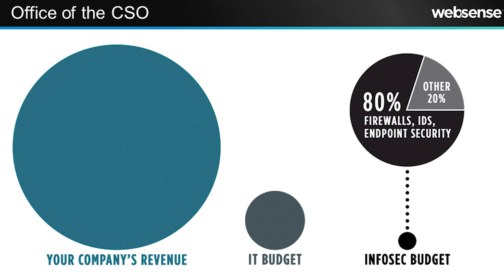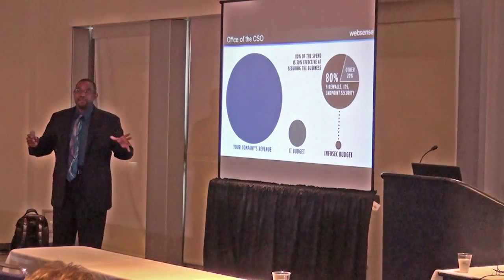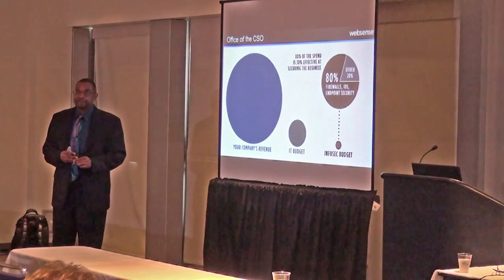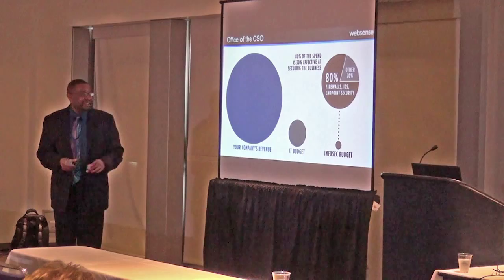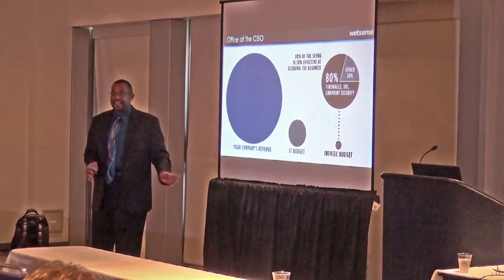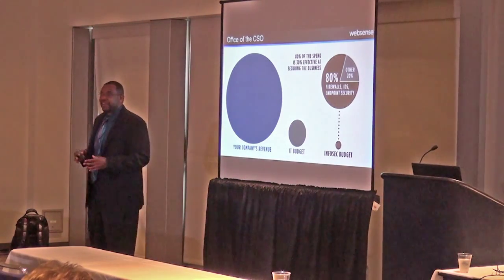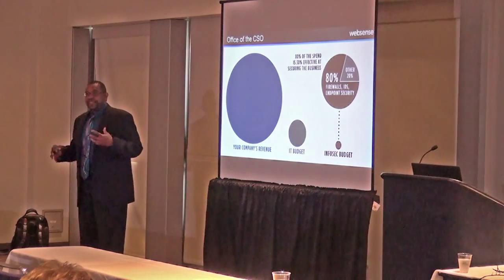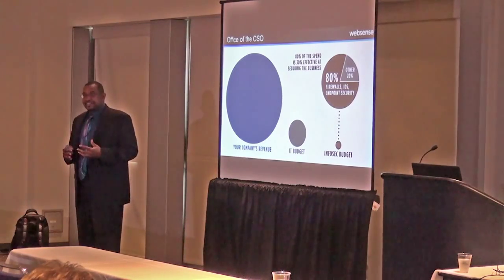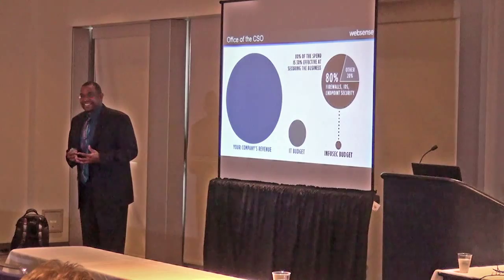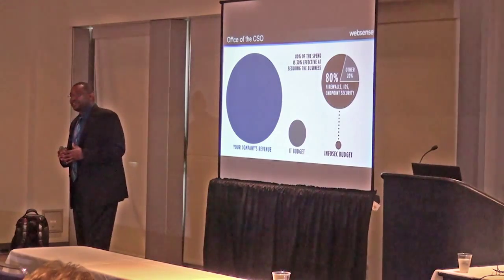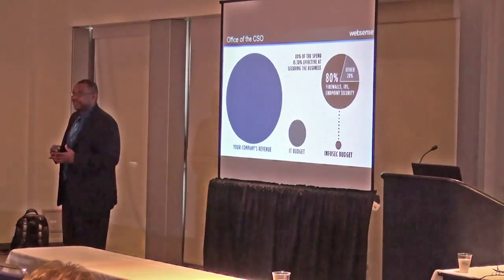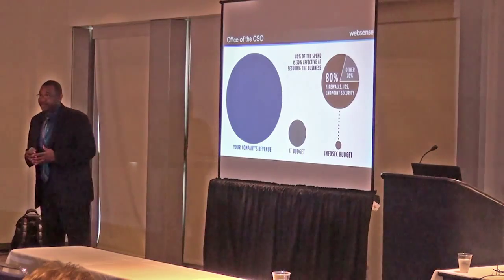And when you look at that small dot, which I made bigger for visual perspective, because we are an even smaller dot inside of that IT budget a lot of the times. But when you look at that small dot, 20% of a dollar is still only 20 cents. How many of us can buy security solutions that can protect our environment with 20 cents on the dollar?